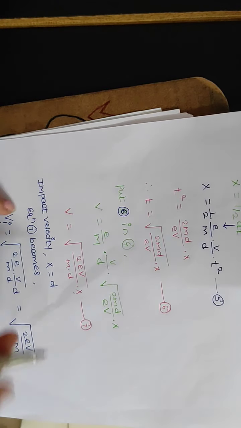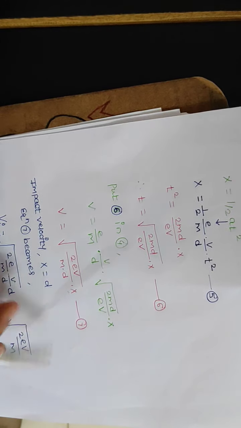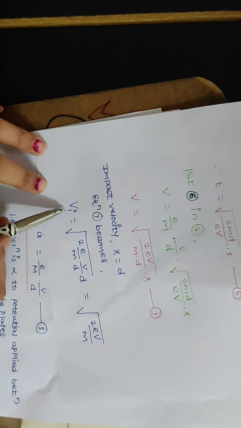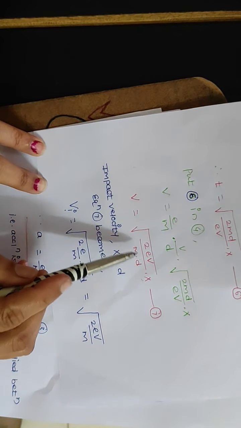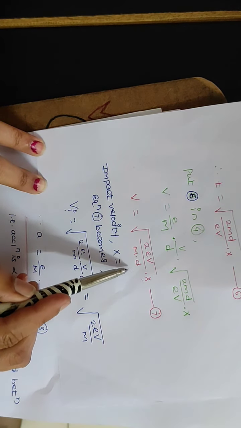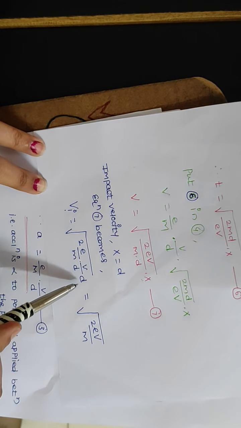Okay, now after that impact velocity can be found by putting x is equal to d, small d. So equation 7 becomes Vi, that is impact velocity, is equal to root of 2eV divided by md into d. Instead of this x we just put small d.